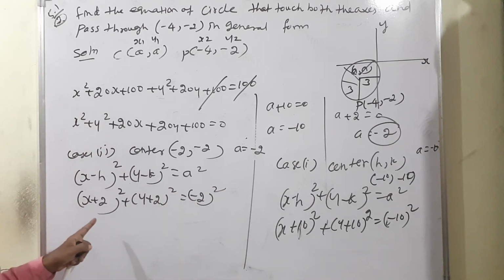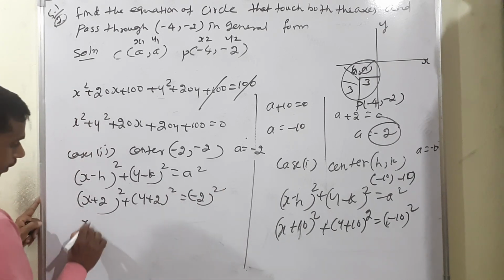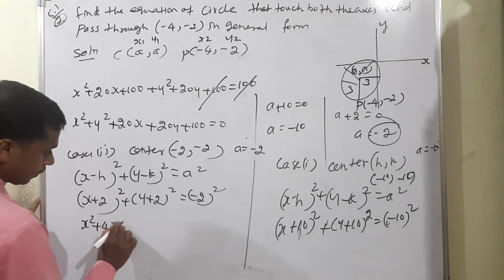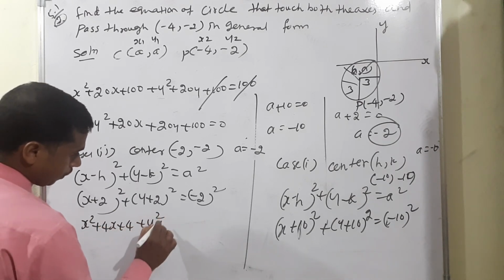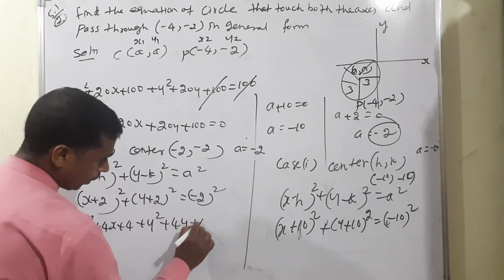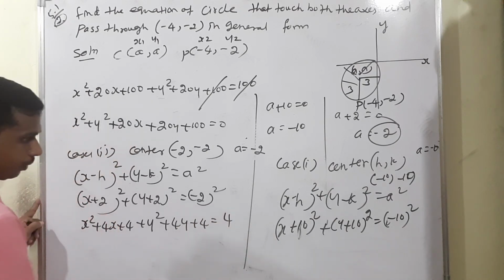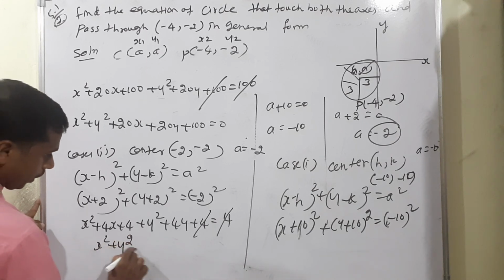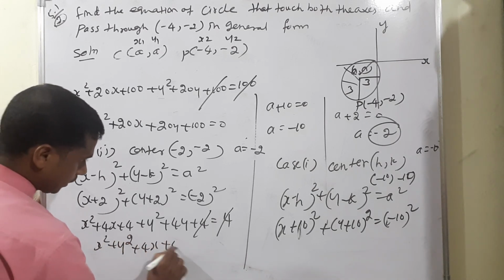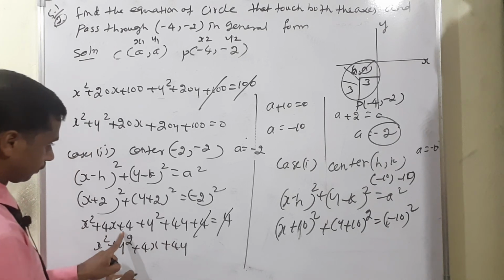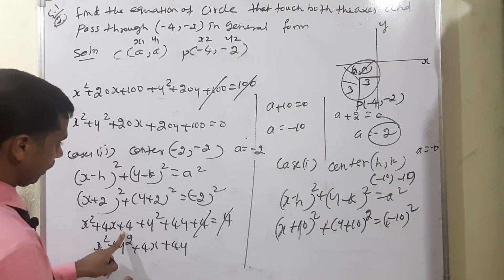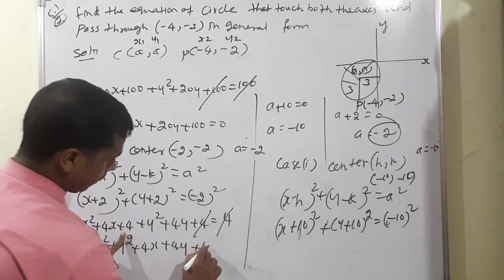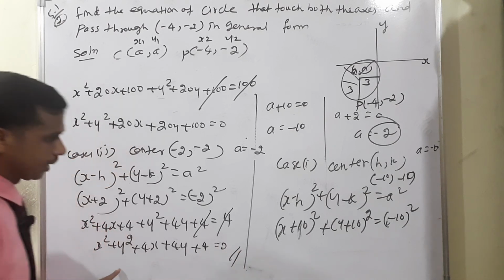The formula is a square plus 2ab plus b square. We can write x square plus 4x plus 4, plus y square plus 4y plus 4 is equal to positive 4. 4 cancels. Therefore x square plus y square plus 4x plus 4y plus 4 is equal to 0. This is case number 2.